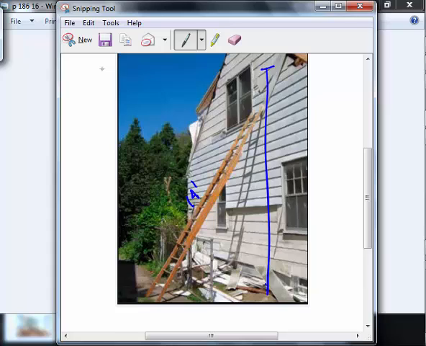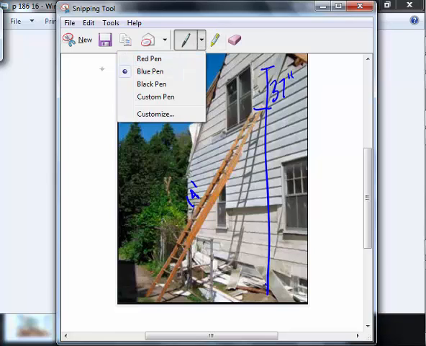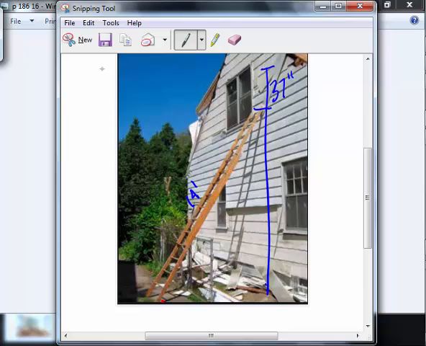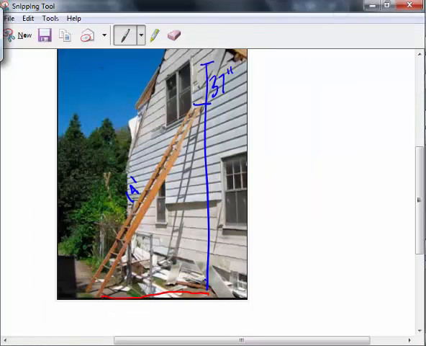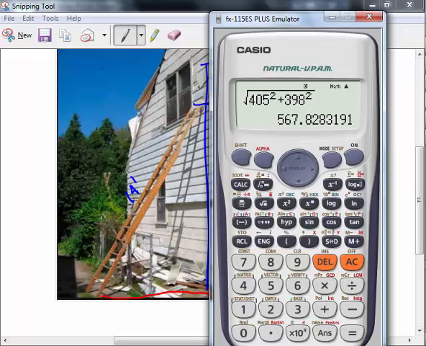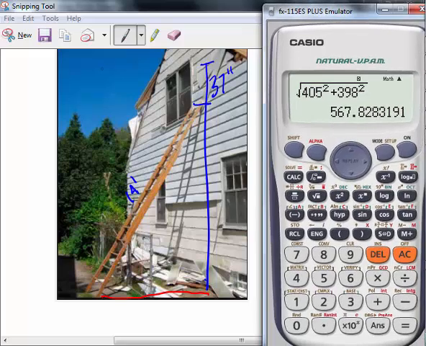This distance from here to here is 37 inches. So we need to know how far the ladder is from the house. What is this distance here? Okay, so I think the best thing to do would be to leave it as feet. Now let's change it into inches.